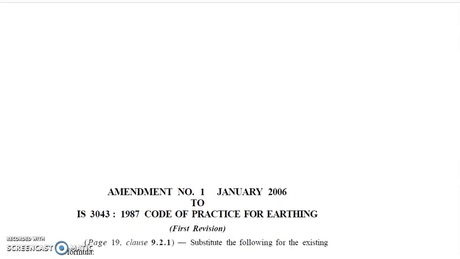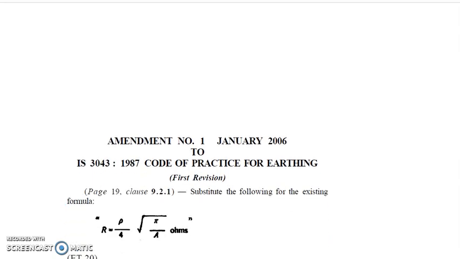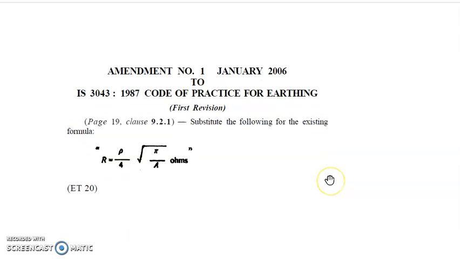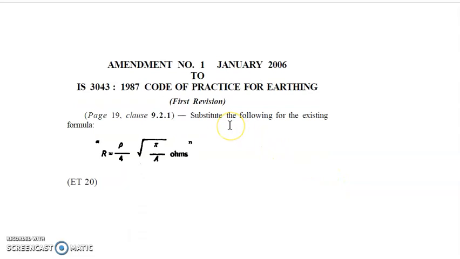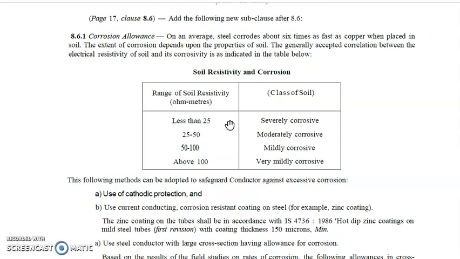There will be various kinds of amendments which come into picture in the case of an IS standard from time to time. Whatever the changes which have to be made to the initial IS standard book will be mentioned in the first pages. The first page is amendment number 1. If any clauses have to be changed, it will be mentioned over here.